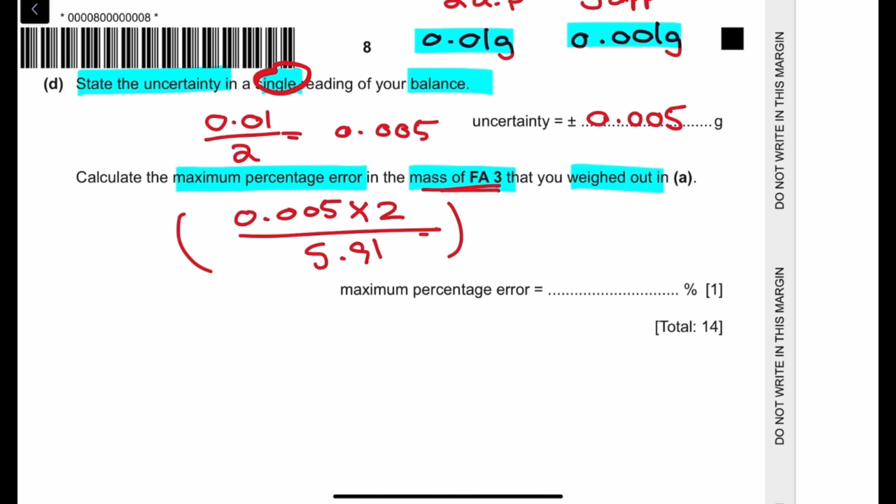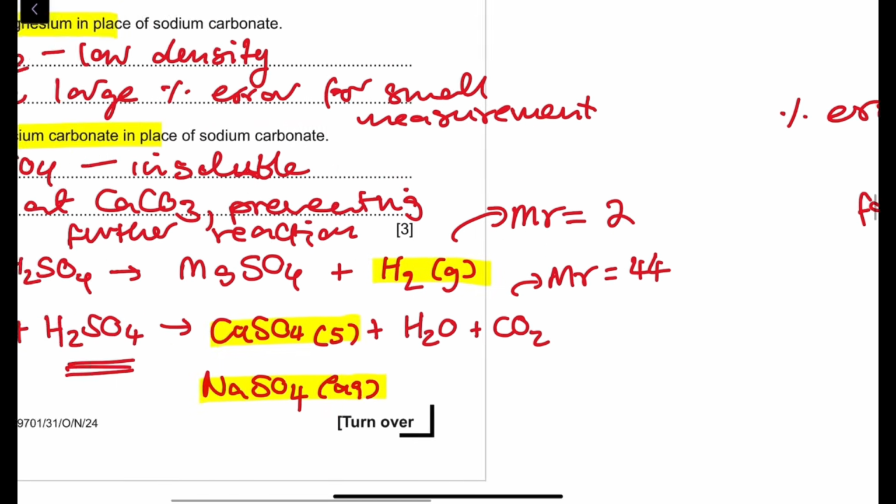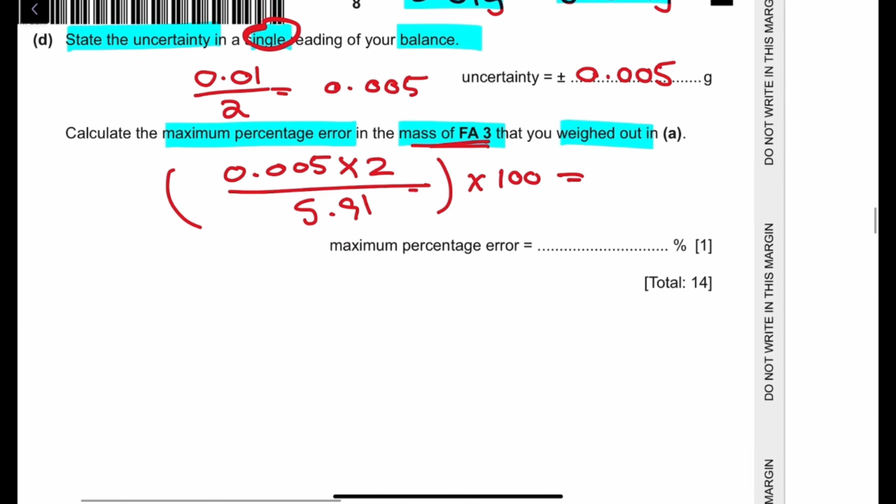Like I said earlier, the formula for the percentage error is equal to the uncertainty over the measurement made times 100. So when we calculate that, we will get a value of 0.169%.